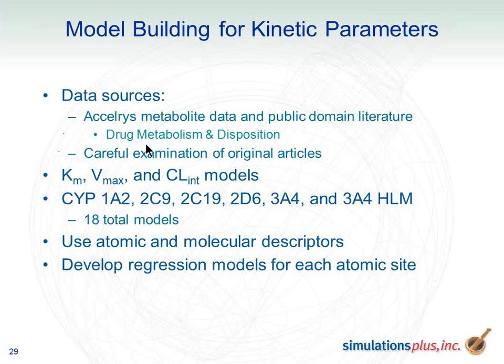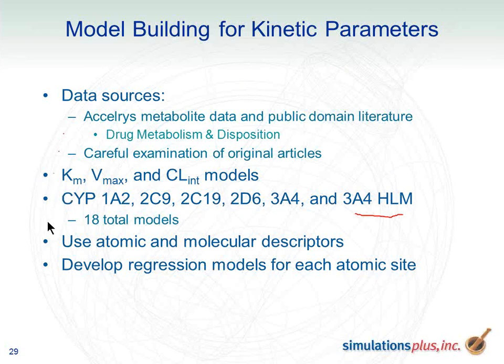So we also created models based on human liver microsome data, and in this case the amount of cytochrome B5 and NADPH is constant, so the variability from lab to lab, or from journal article to journal article, is less.